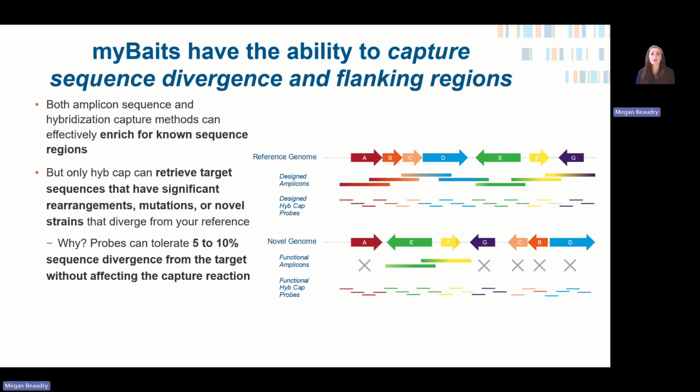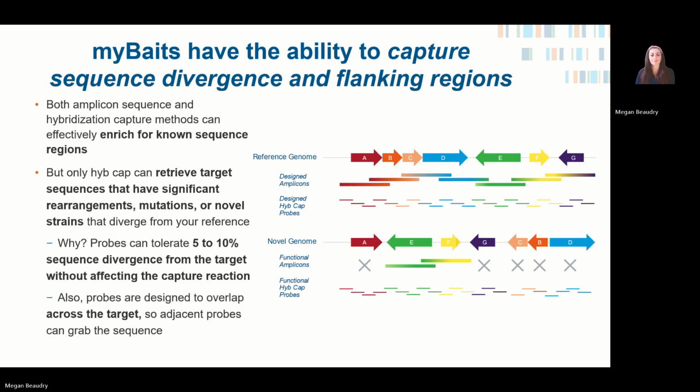And this is because probes can tolerate 5 to 10% sequence divergence from the target without affecting the capture reaction. Our probes are also designed to overlap across the target, so adjacent probes can help grab that sequence.